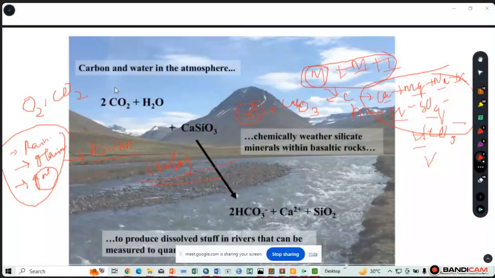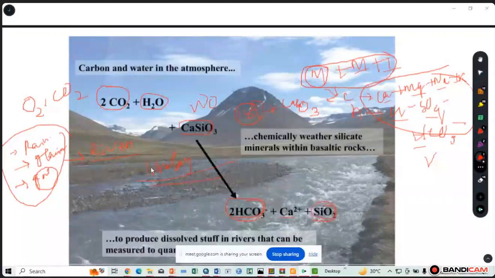Suppose in the atmosphere you can find carbon dioxide, and due to the rainfall you get H2O. And CaSiO3 is the parent rock. Parent rock means wollastonite. What happens? The reaction involves bicarbonate, calcium and SiO2.